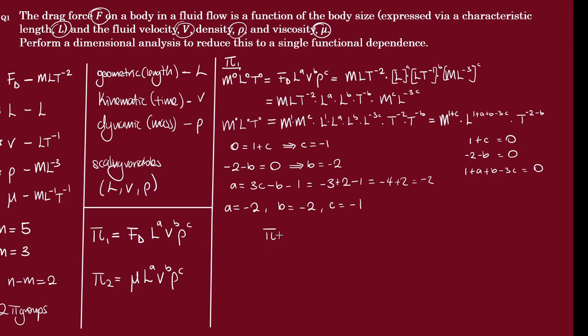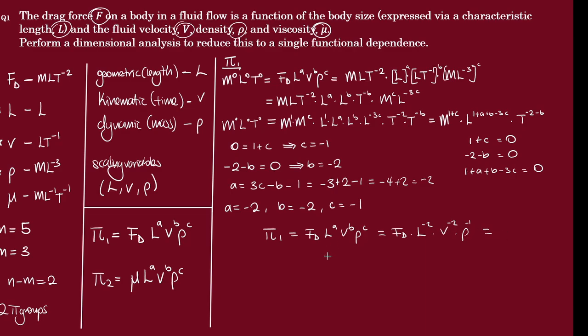So pi 1 is going to be f of d, l to the a, v to the b, rho to the c, which is the same as f of d times l to the negative 2, v to the negative 2, and rho raised to power minus 1.